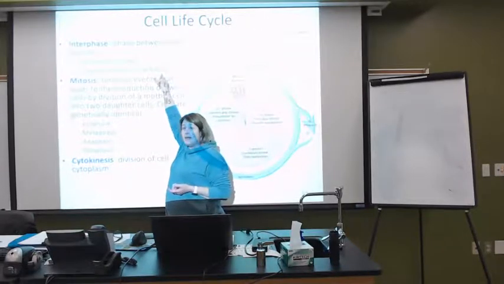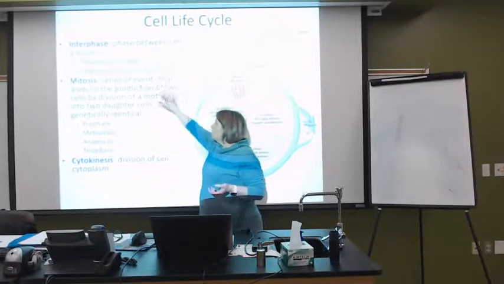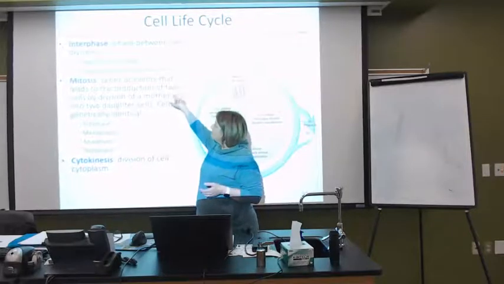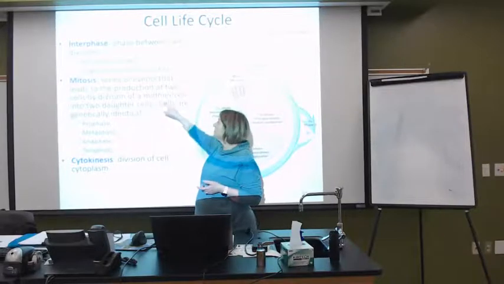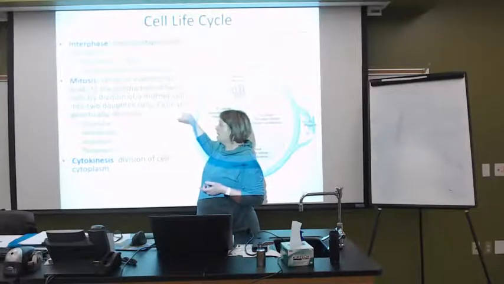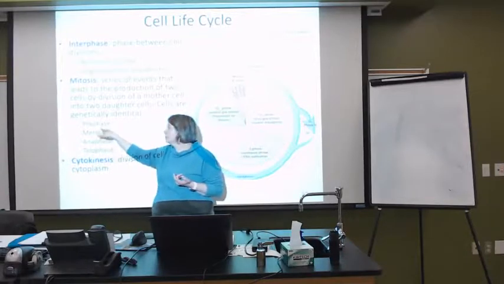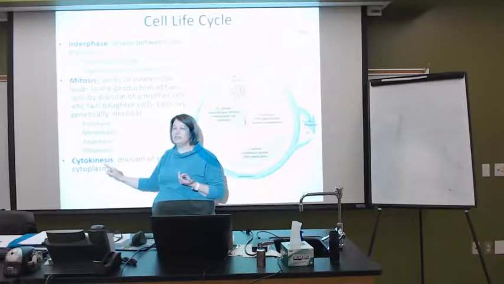And then carry out normal cell activities. Once mitosis starts, this is what's going to give us 2 new cells, but in order for that to happen, we have to go through prophase, metaphase, anaphase, telophase.